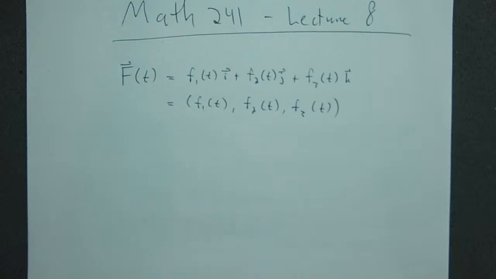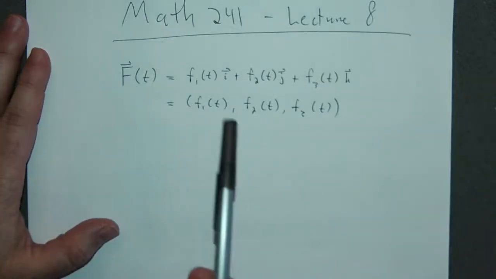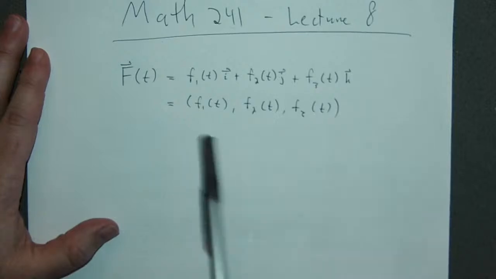So anything I wanted to talk about, I could just impose those conditions on the components. For instance, we could say that big F is continuous if all of the component functions were continuous at a point or on an interval, right?